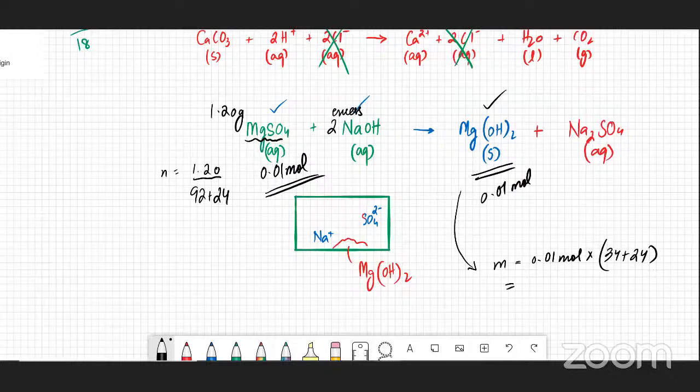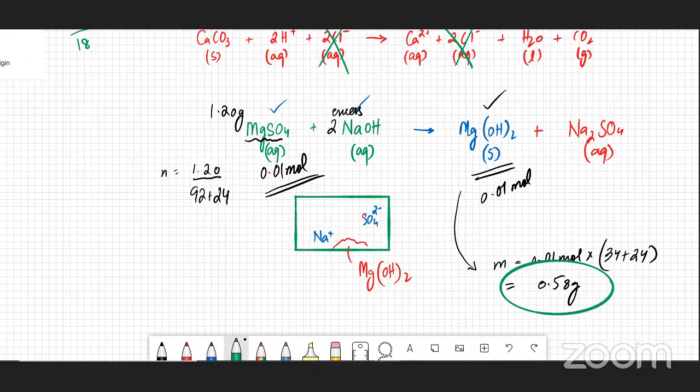So what mass is coming? 0.58. So you're getting 0.58 grams. Yes. So now 0.58 grams is your theoretical value.